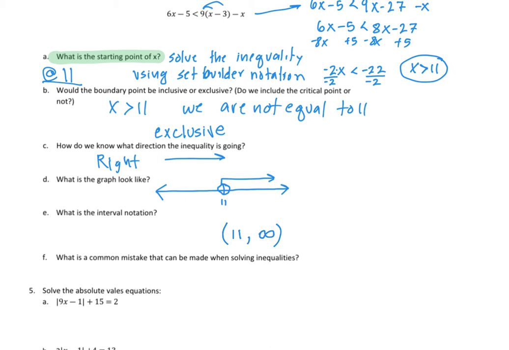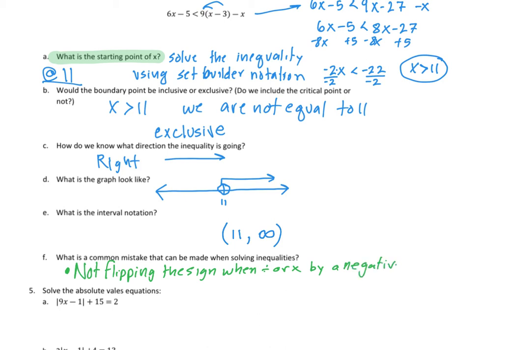Okay, common mistakes that can be made when we're solving inequalities. Not flipping the sign is probably the biggest one. Not flipping the sign when dividing or multiplying by a negative.